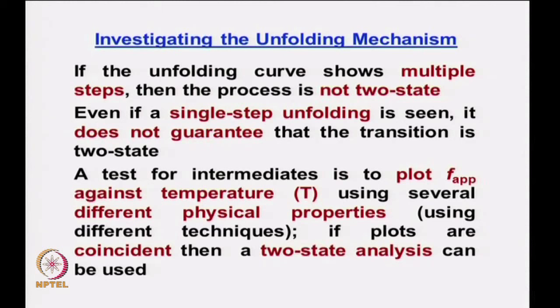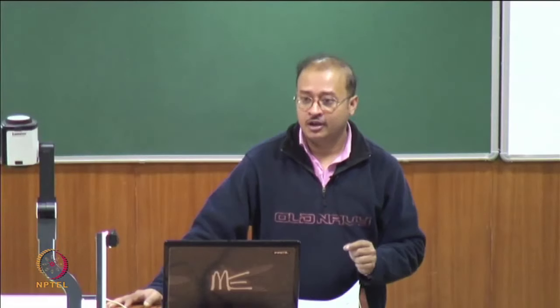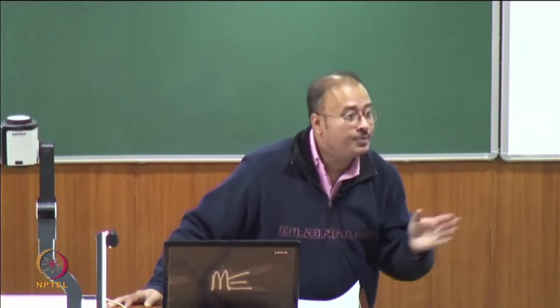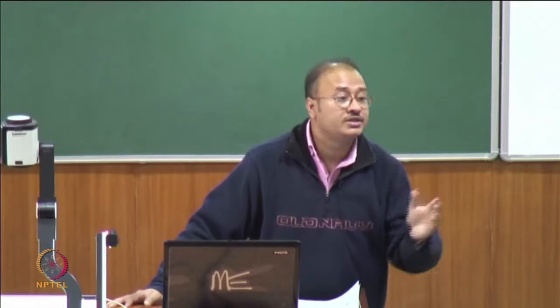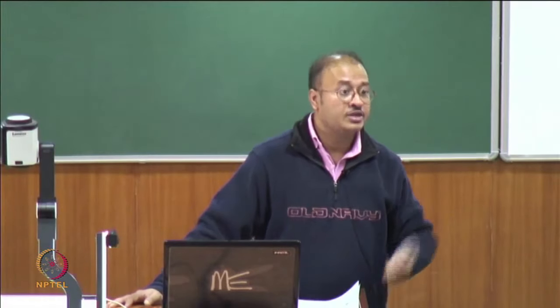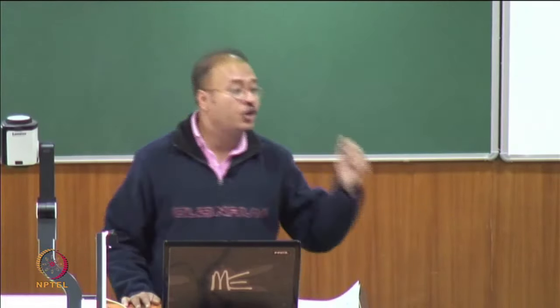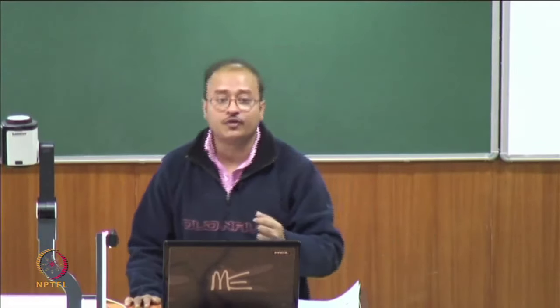Suppose you are doing CD, suppose you are doing fluorescence, and suppose you are doing some other technique. That physical property di would under all circumstances not be the same for these different techniques. Why? Because these techniques are probing different things. In fluorescence, you are probing the fluorescence of a fluorophore.